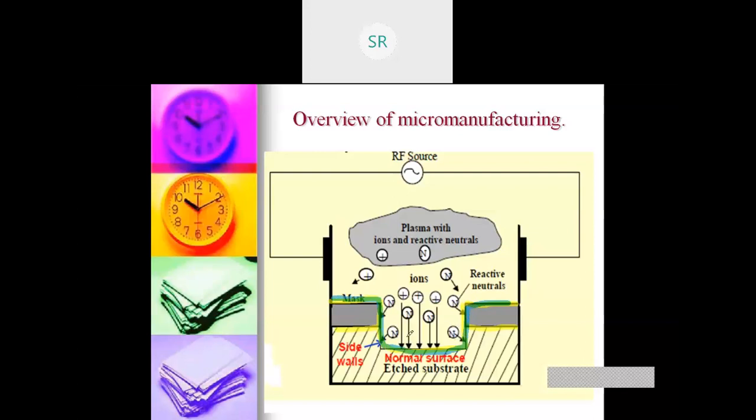During this process, I may not get a shape perfectly like this. What may happen is that the substrate may be removed something like this, or something like this also may happen.